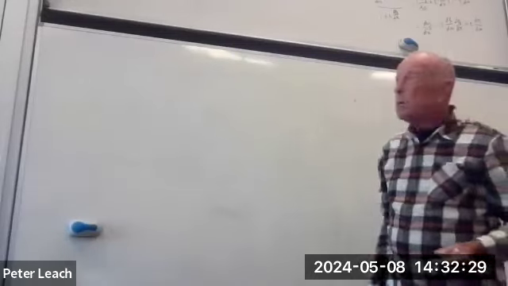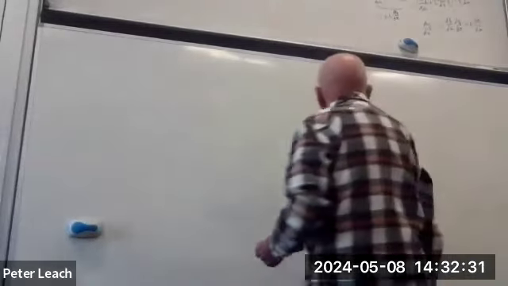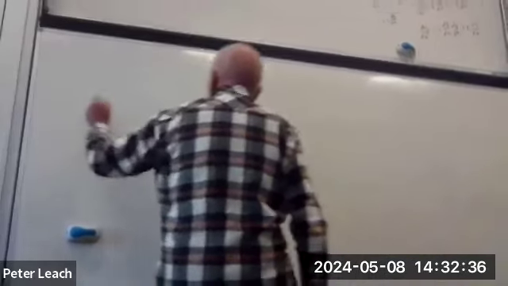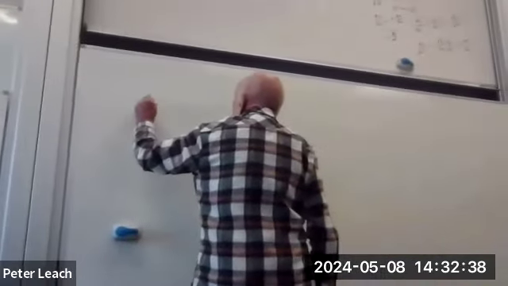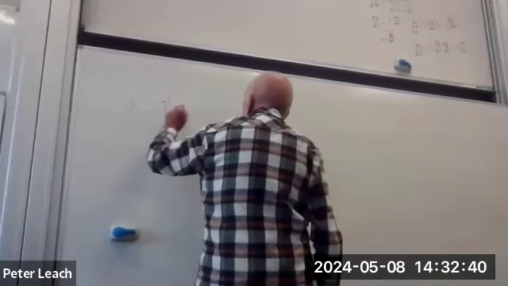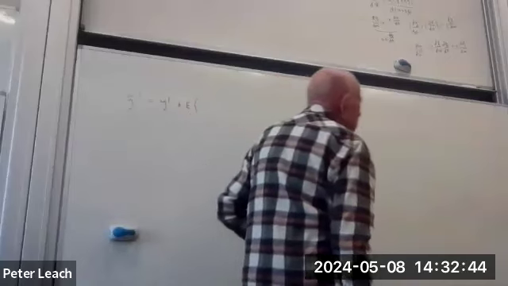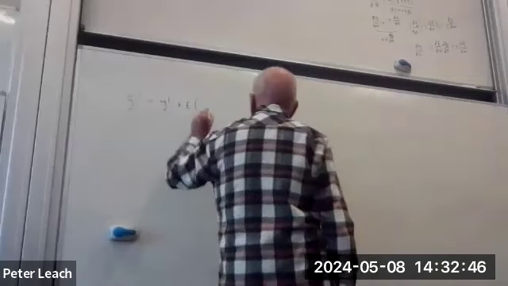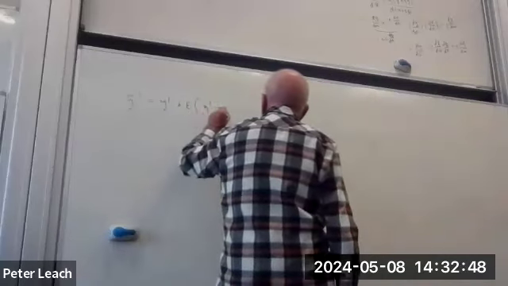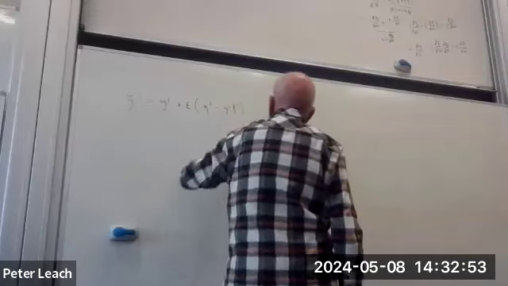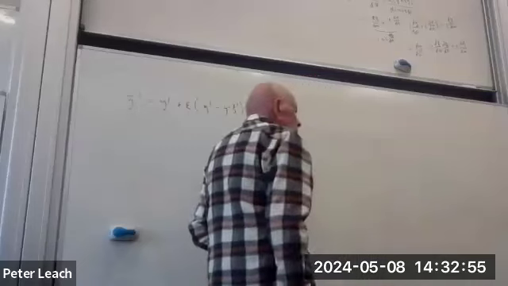Right, so I'll just summarize that a little bit. y bar prime equals y prime plus epsilon e prime. All right, now.